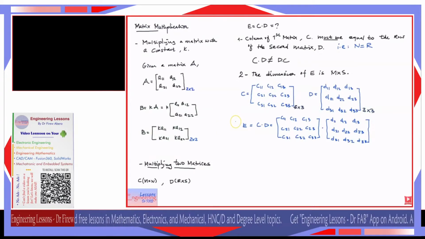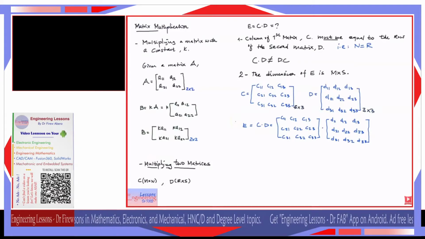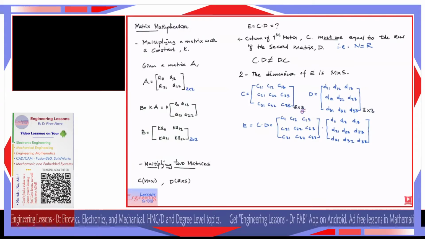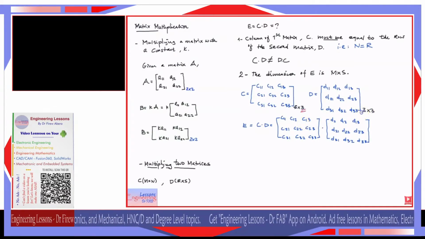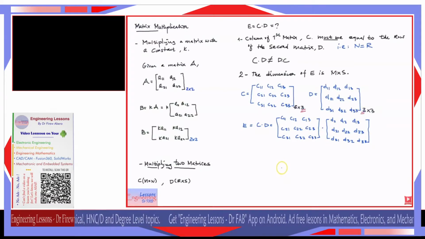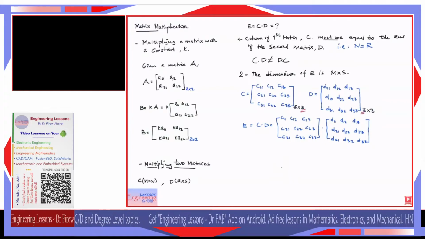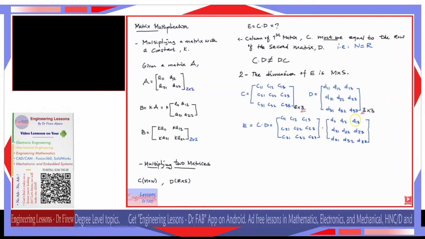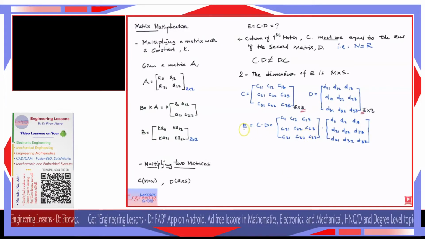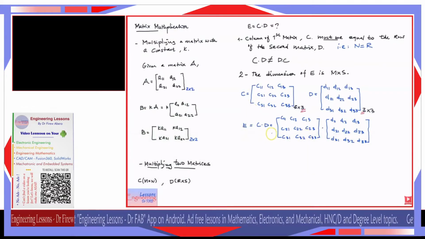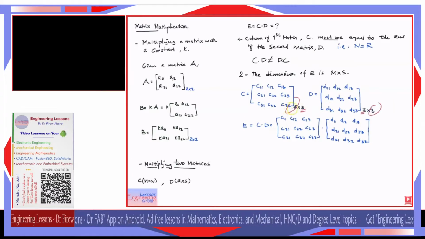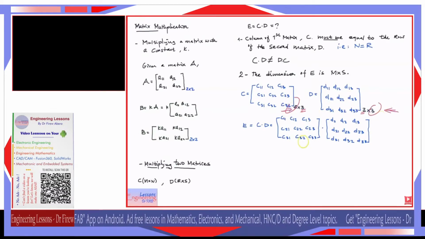We could have taken any matrix with any dimension. All we have to check is that the column of the first matrix is equal to the row of the second matrix. If that matches, we can go ahead and do that multiplication, and the result will be row by column, which is what we're expecting.